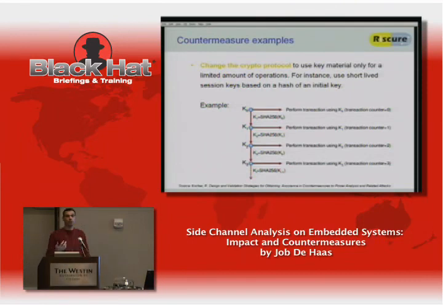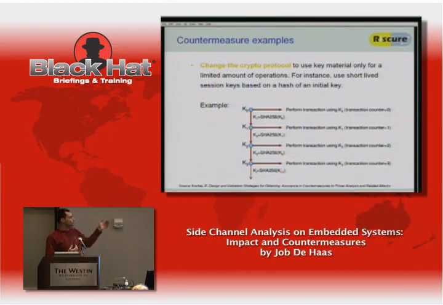Well, this is an example of changing the crypto protocol. Actually, this is an example of Paul Kocher, the one that was the first publisher of the DPA attacks, and has quite a few patents also in this area. But some of the things that they published about doing your protocol in a different way, preventing you to have a single key.